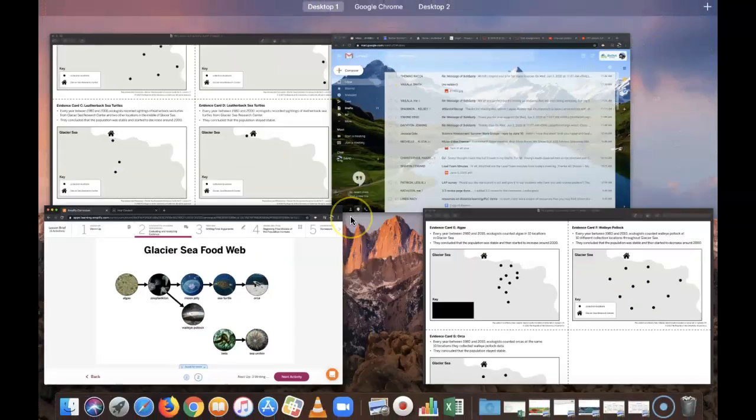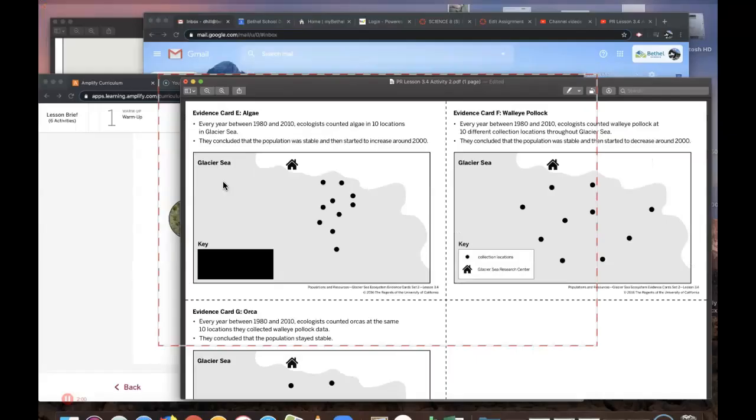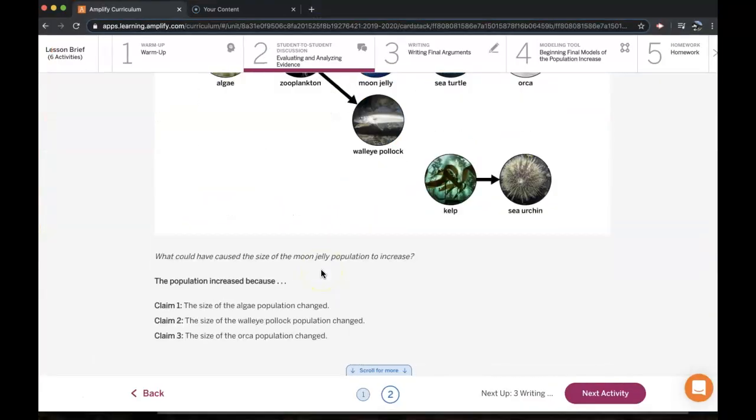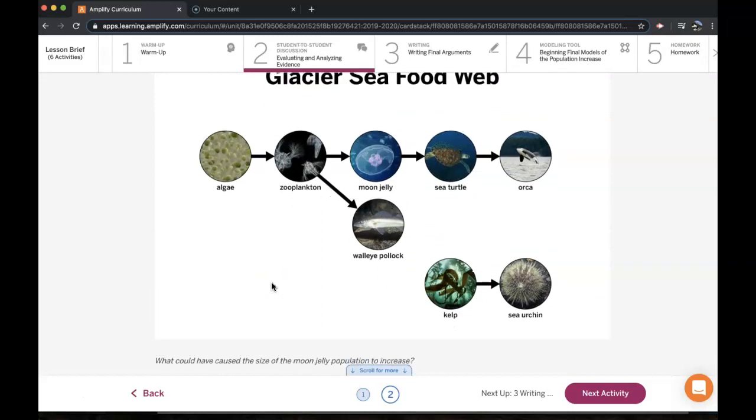So evidence card E supports claim 1. It goes with claim 1 that the algae changed in a way to cause the moon jelly population to increase. So if you don't have that written on that card, you want to write that on that card, because evidence card E is helping explain our phenomenon of why the moon jelly population increased.